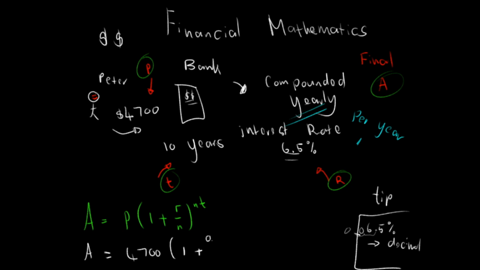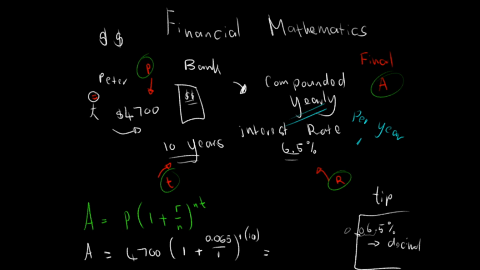So I'm going to say 0.065 over 1, because remember, N is the term, and then raised to the 10th power, because he's investing his money for 10 years. Now, after 10 years, Peter will have, hold on, I'm just typing this on a calculator, boom.